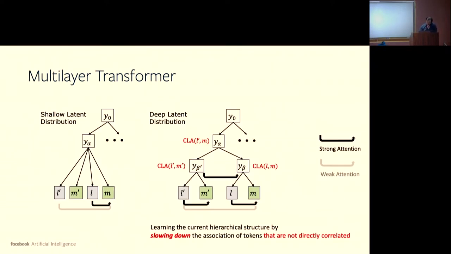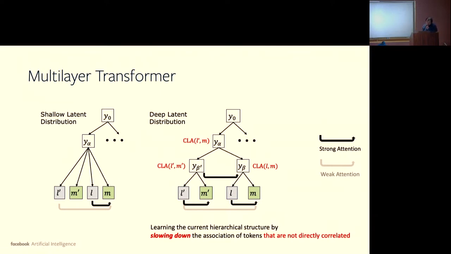Then we think about how a transformer should learn it. You think about this property: we first learn tokens that co-occur a lot, then we learn tokens that co-occur sparsely. This mechanism actually works well for both shallow and deep latent distributions. For deep latent distributions, we first learn M and L associations, and also M prime and L prime associations at the same time, because they co-occur a lot with each other, according to our previous analysis of the hierarchy.